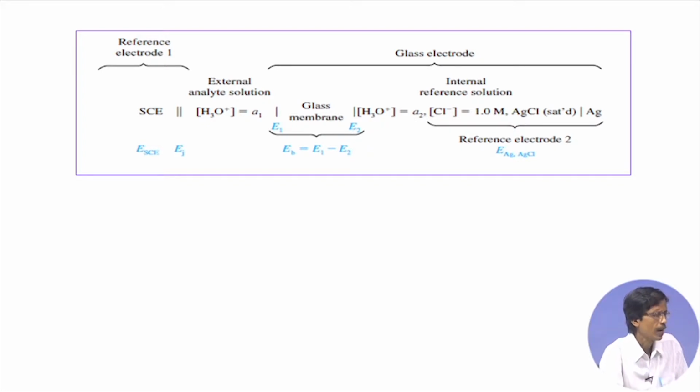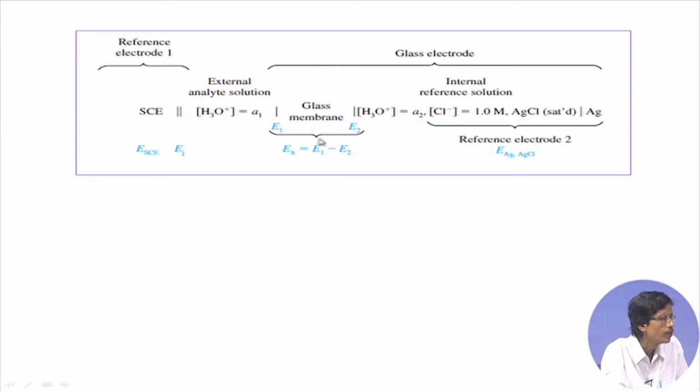So, if we have a typical glass electrode, as I told you just now, you have a corresponding design of this glass electrode. This particular curly bracket from this point to that point, we consider this as a glass electrode. What is that? It is a very simple one, where we put something as a glass membrane.